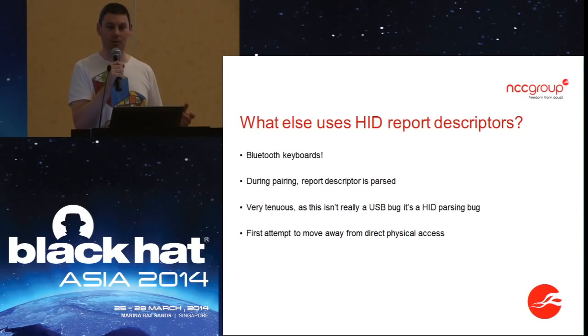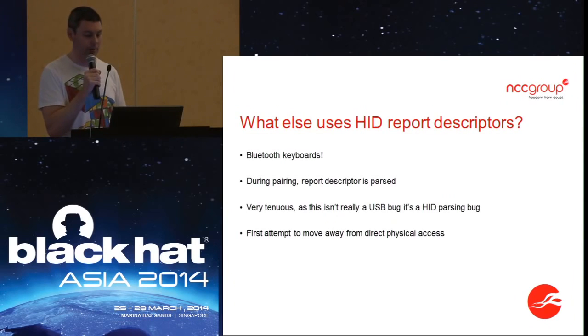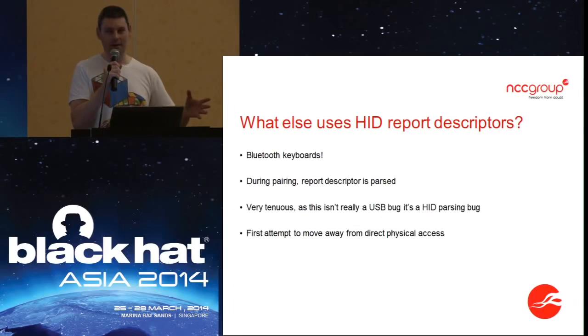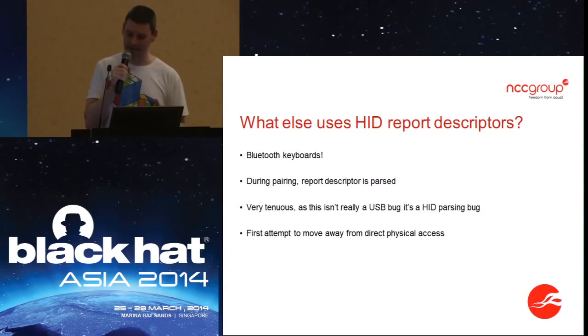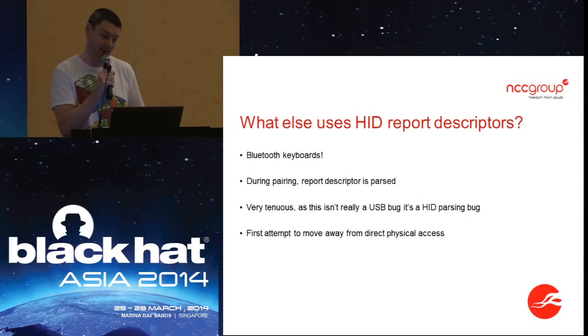Because the report descriptor has to be parsed in exactly the same way as when you plug in a USB keyboard. So, I know this isn't USB, and I'm describing my thought process to try and move to a remote scenario here. So I'm just going to give you an example of this thing that I did next.